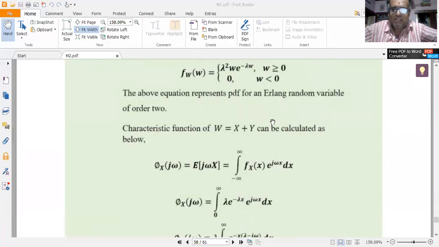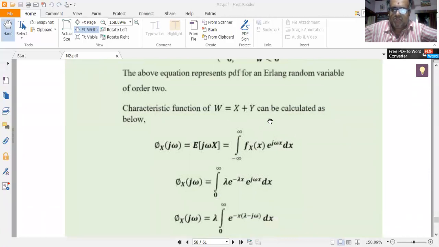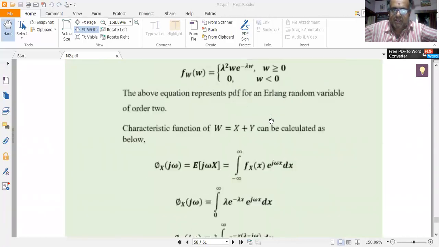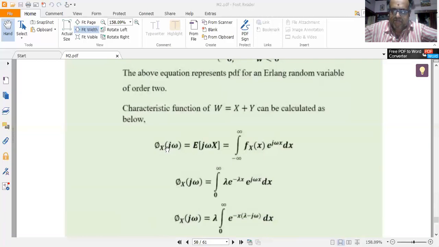Now the characteristic function for W equal to X plus Y I have to calculate. So that is simply given by phi X of j omega. This fellow has made a silly mistake here.